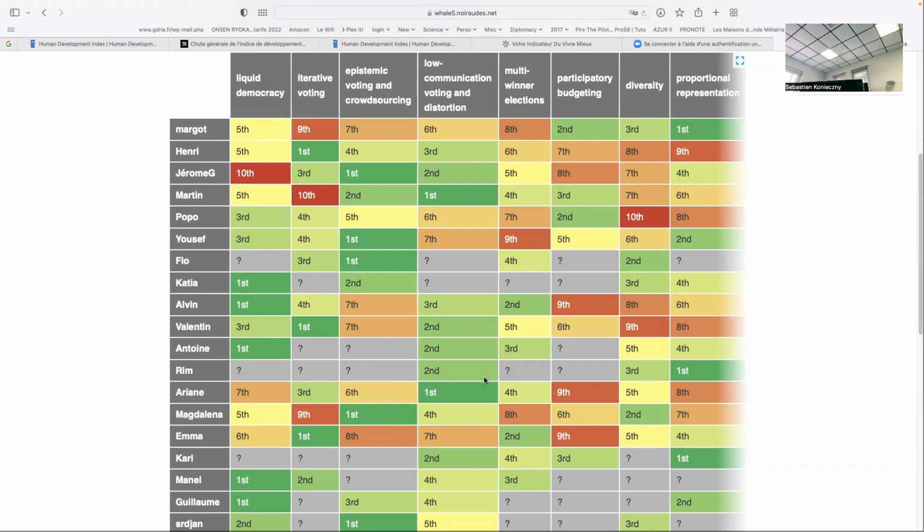So for this voter, iterative voting has a contribution 0 because he or she already has a topic that she prefers to iterative voting. But for Henri, the contribution of iterative voting relative to liquid democracy is 4 points because liquid democracy was his choice number 5 and iterative voting is his choice number 1. So you will look for the topic that maximizes marginal contribution.